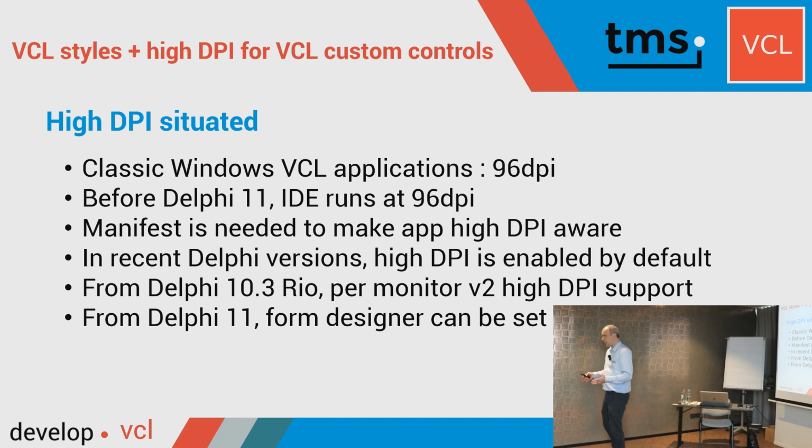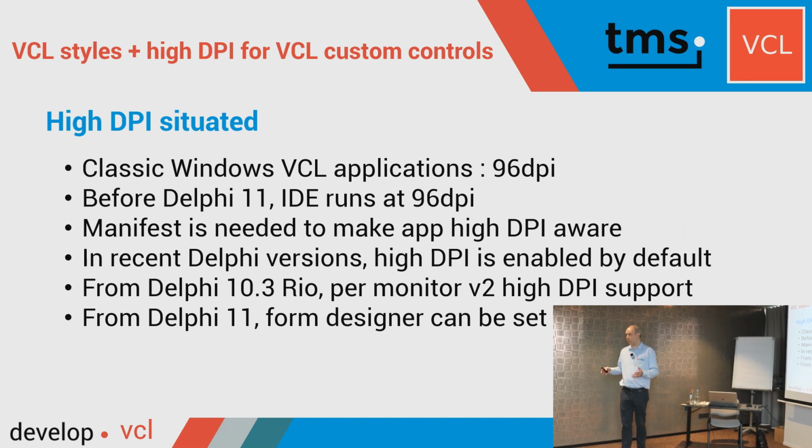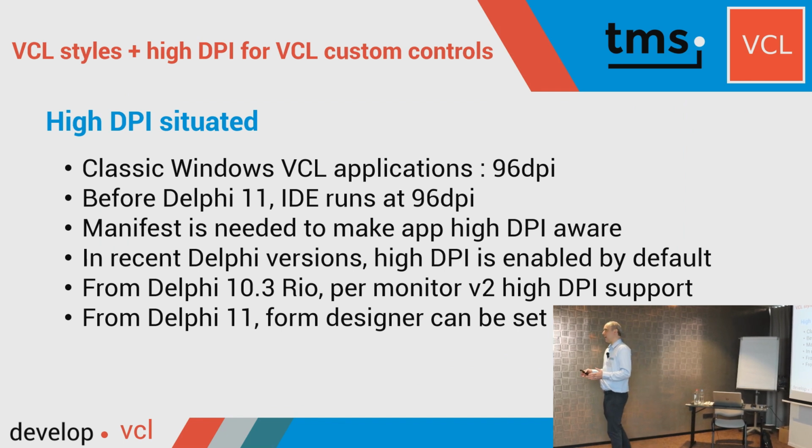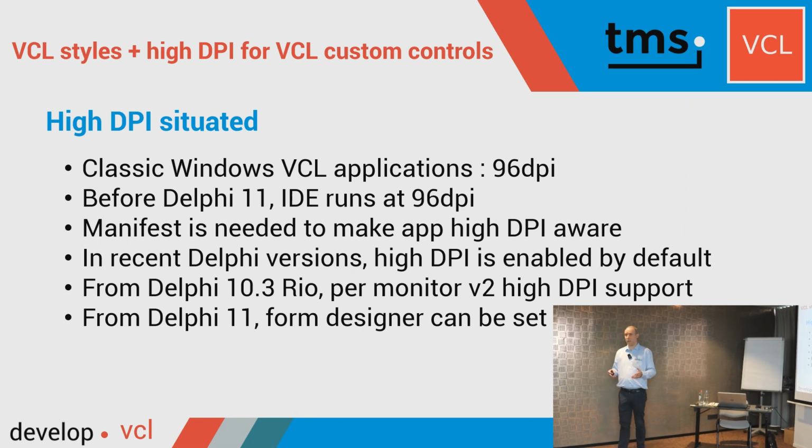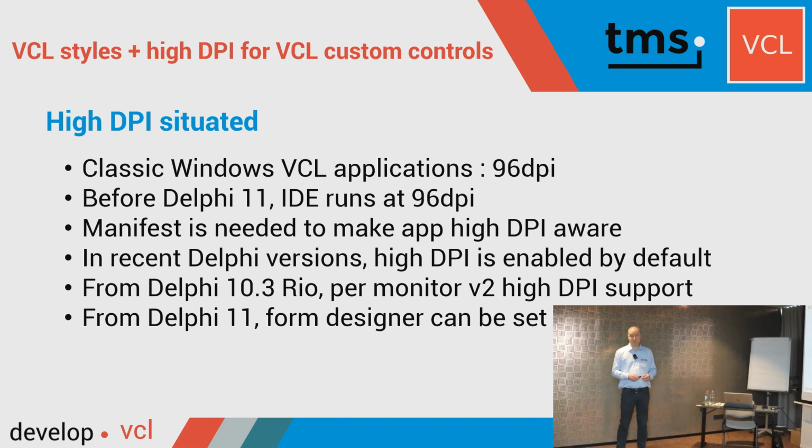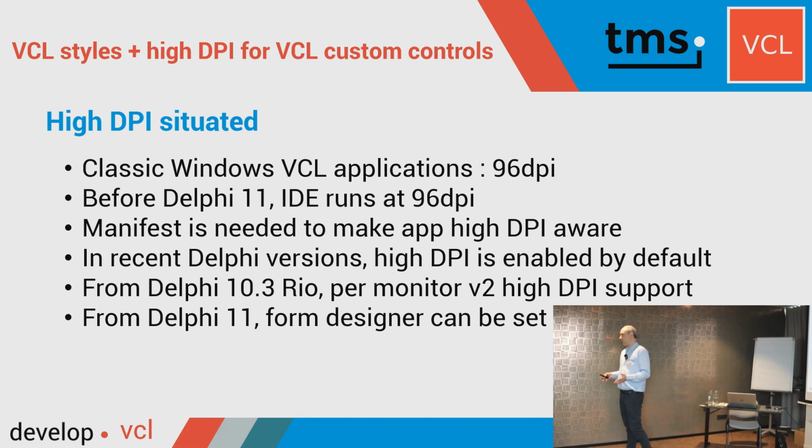So how, as a Delphi developer, are we dealing with high DPI? For a long time, the Delphi IDE itself was still the normal 100% DPI, being 96 DPI. And so it was with the introduction of Delphi 11 that the IDE itself was also running in high DPI.